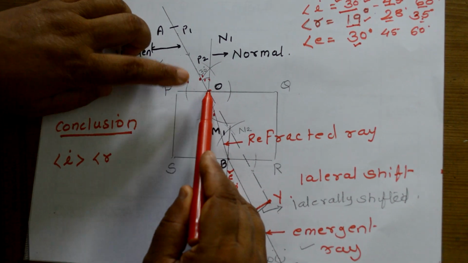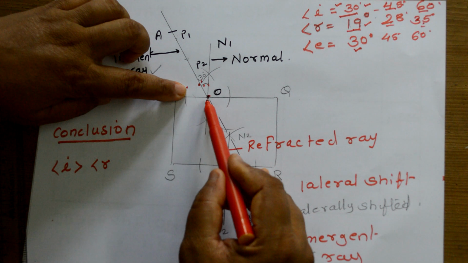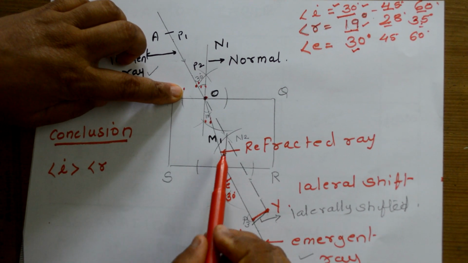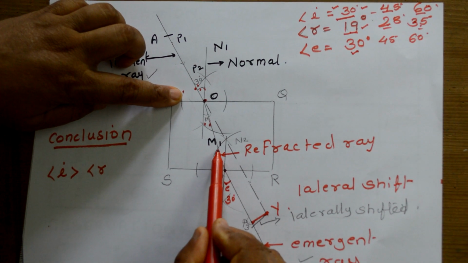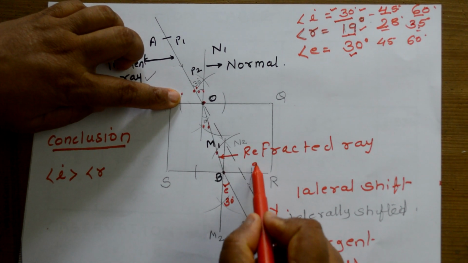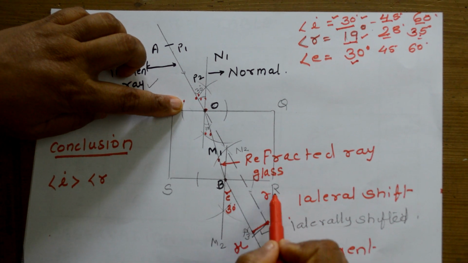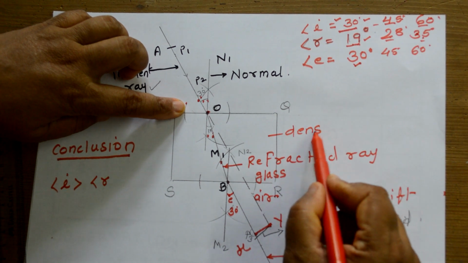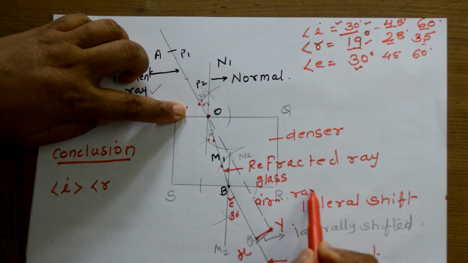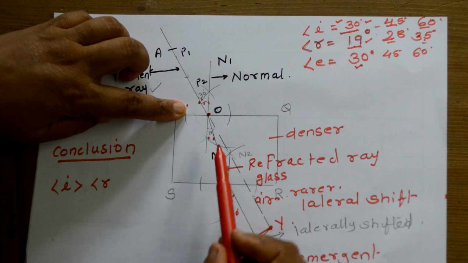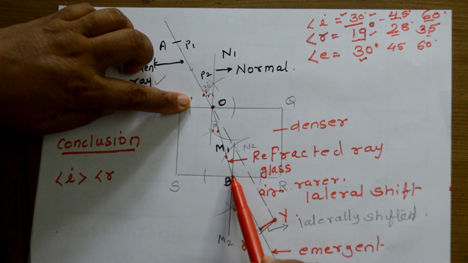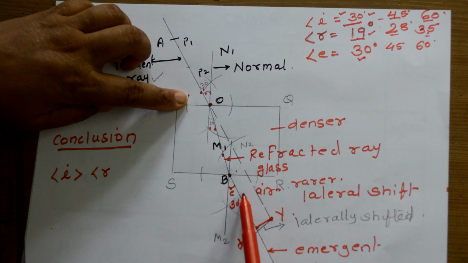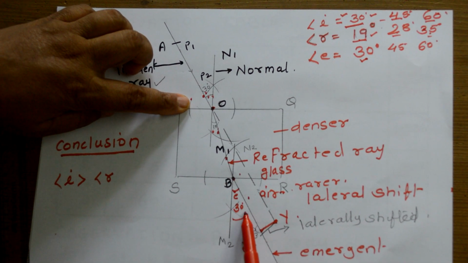Then the point O is the refraction point. When this point is the refraction point, this will function as an incident ray from glass to air. This is the denser medium and air is the rarer medium. So when the line OB works as an incident ray and travels from the denser medium to the rarer medium, it goes away from the normal.